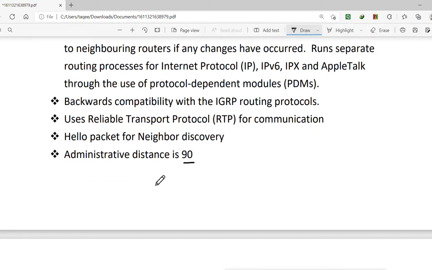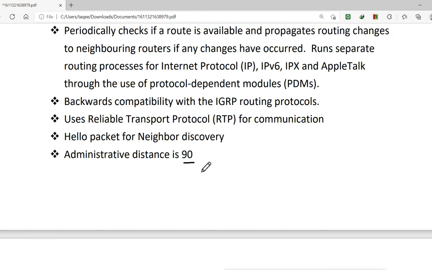Now this AD value of EIGRP is actually the least one among the other routing protocols. The OSPF AD value is 110, and the RIP protocol, whether it is version 1 or 2, is 120. The AD value defines that the path is more reliable than the other path.